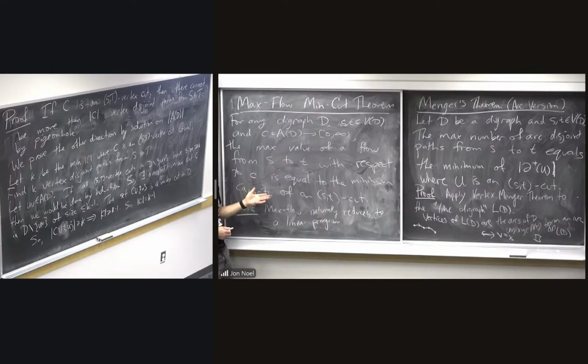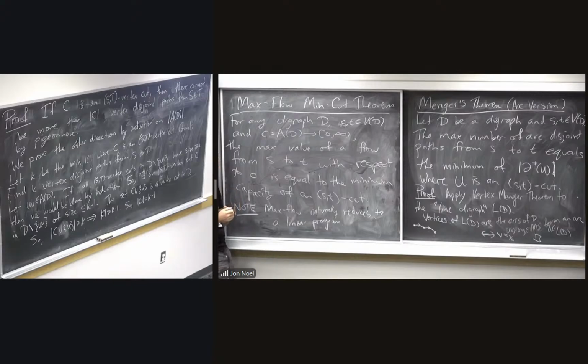Okay, let's think about the Max-Flow-Min-Cut theorem now. What if I had a capacity function where I just put capacity 1 on every arc? Suppose every arc has a capacity of 1.